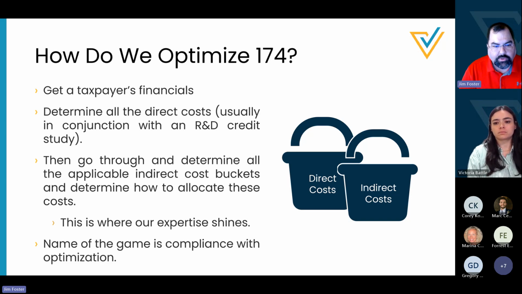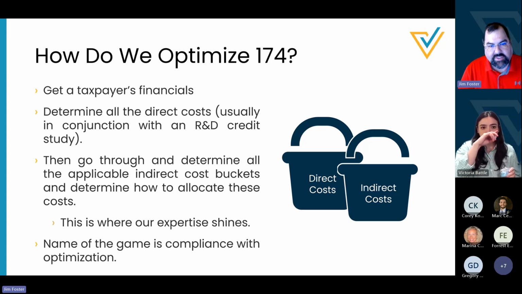And the allocation is really where our expertise comes through, because the notices provide several different suggestions on possible methods, but they say any reasonable method is acceptable as long as it is reasonable under the facts and circumstances of the taxpayer. So the name of the game here is compliance with optimization.